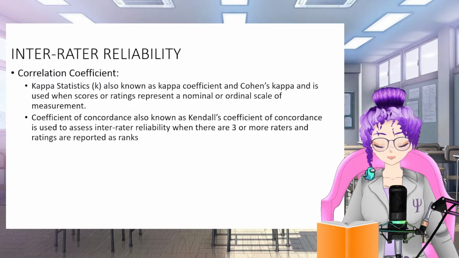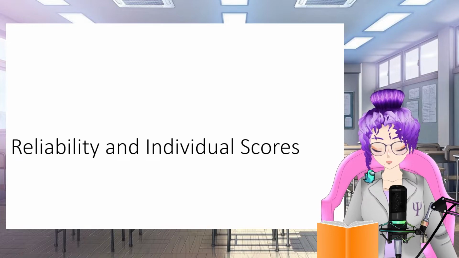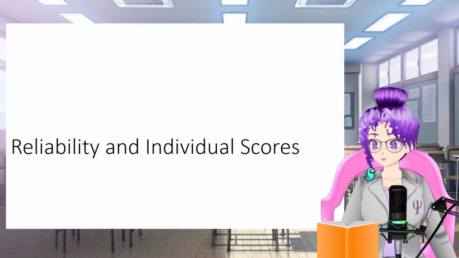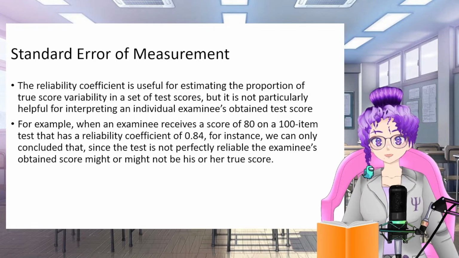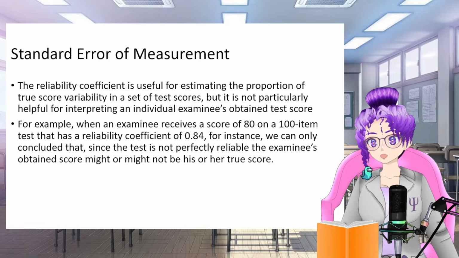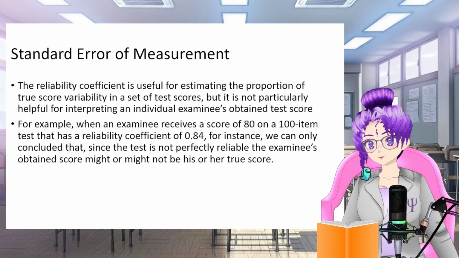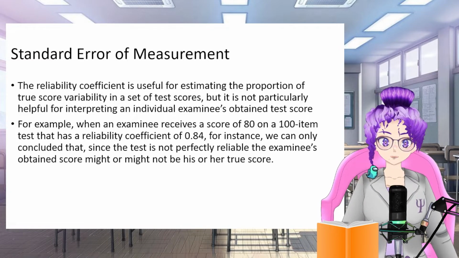So how do we evaluate reliability in the individual scores of each test taker? We go into the concept of standard error of measurement. The reliability coefficient is useful for estimating the proportion of true score variability in a set of test scores, but it is not particularly helpful for interpreting an individual examinee's obtained test score.